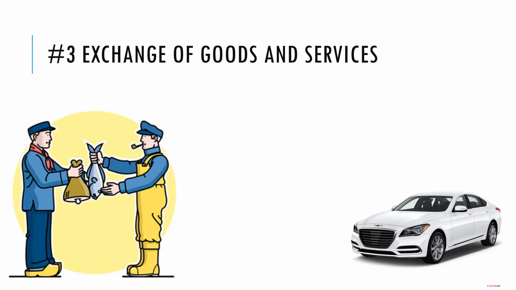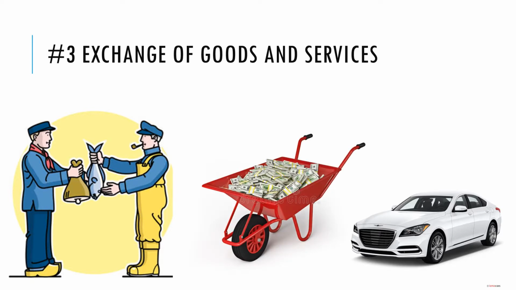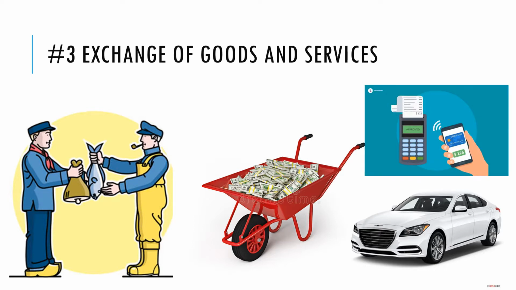Now, if I wanted to buy this very fancy Bentley on the right-hand side here, and I had to pay with cash, I would be taking a lot of cash down to the Bentley dealership, a wheelbarrow full, or a good few wheelbarrows full. So instead, it's more likely that I would pay using a card or using some sort of digital service. And again, that will be done through a financial market, a financial institution.